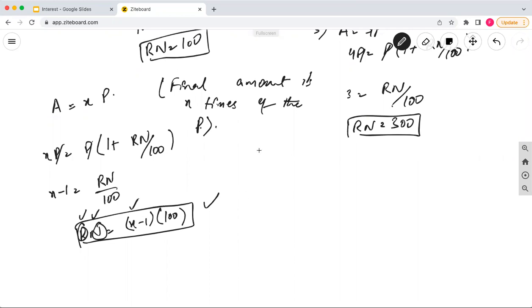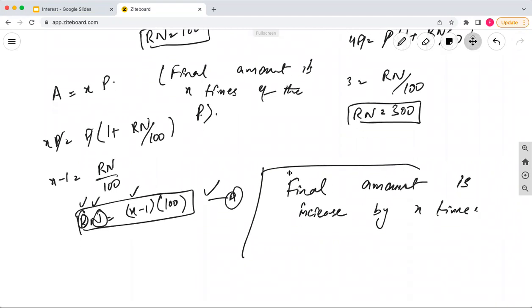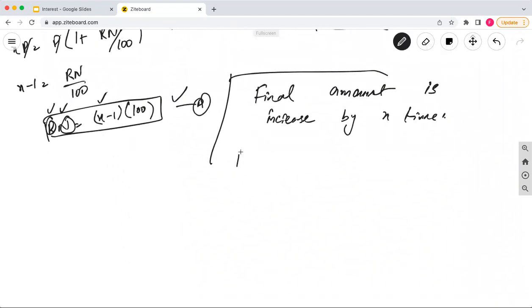And I told you already, this is one thing, that the final amount becomes x times. If I say that the final amount is increased by x times, what will be the difference in this old formula? To understand it, for example, say I invested $100 in a company, or deposited $100 in a savings account, and after 1 year my principal is increased by 1 time.